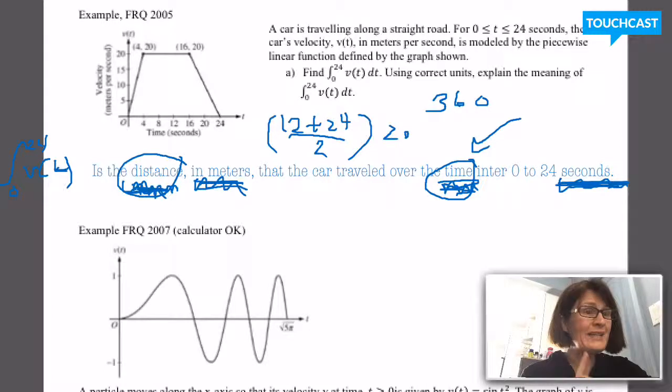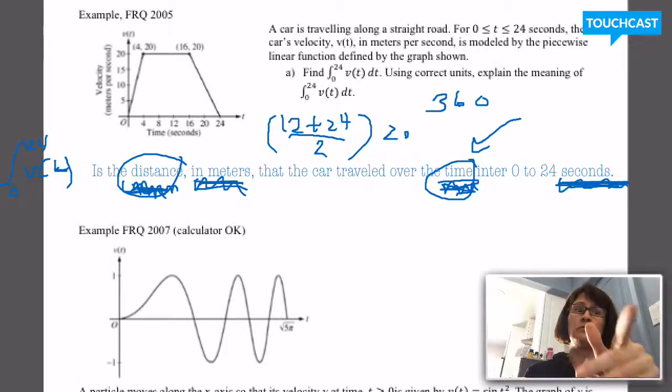So notice in this one case, any of those three phrases could be correct and would get full credit. Area under the velocity curve is displacement. So you could say the displacement of the car. Notice the phrasing, it's the displacement of the car. You could have said it's the distance traveled, because here velocity is only positive, so it's not unclear if you just say the distance traveled.